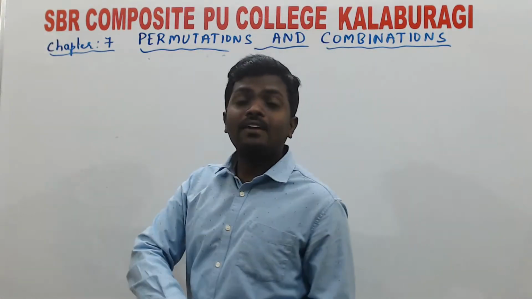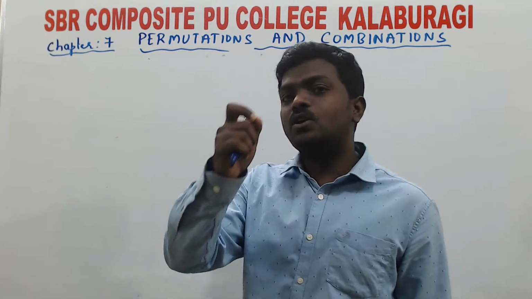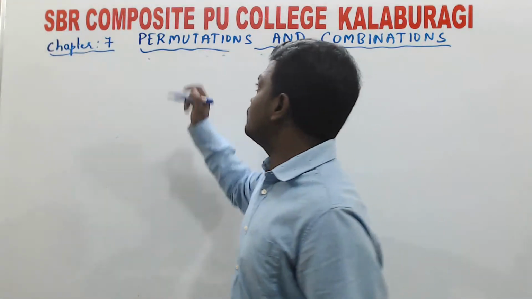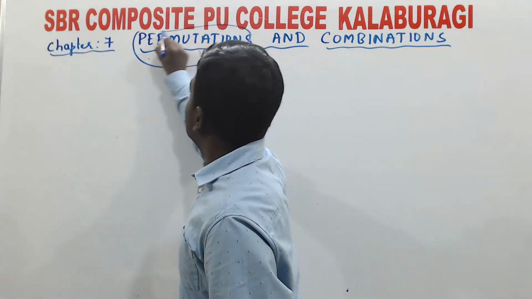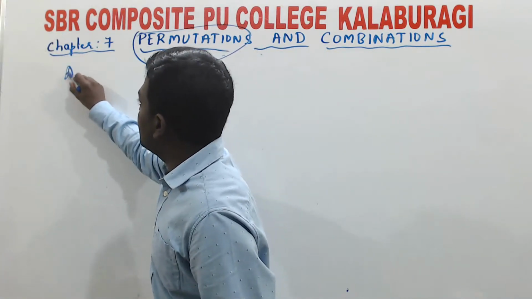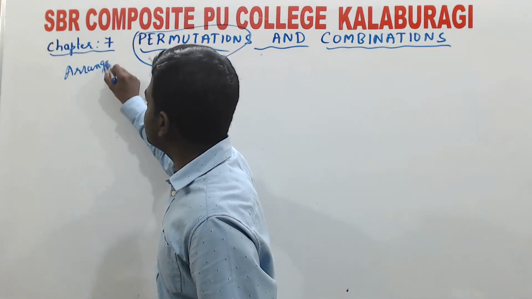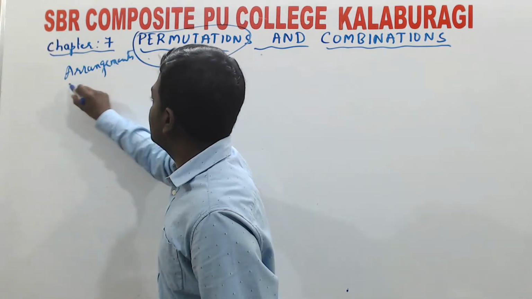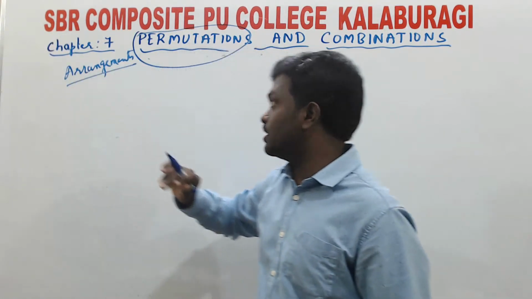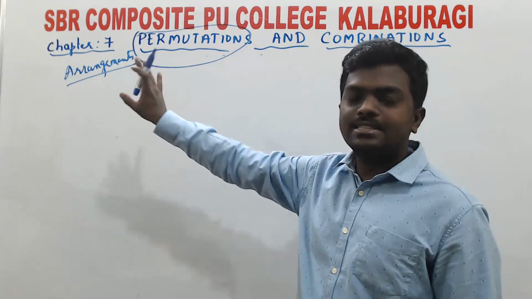Okay, students, what I told you in the beginning itself, I'll give you a very simple synonym for permutation. It is arrangements in some definite order. Is that clear? So it's easy now.